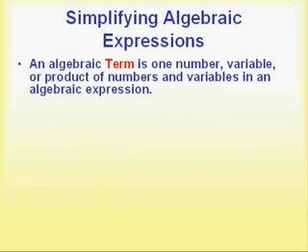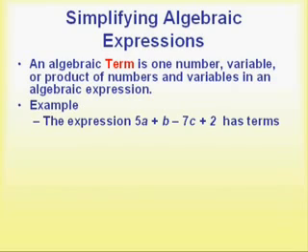An algebraic term is one number, variable, or product of numbers and variables in an algebraic expression. For example, the expression 5a plus b minus 7c plus 2 has terms 5a, b, 7c, and 2.